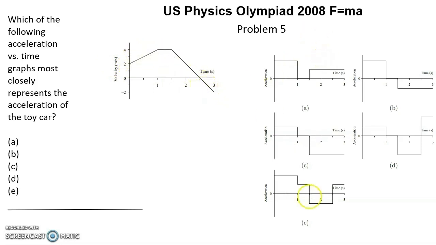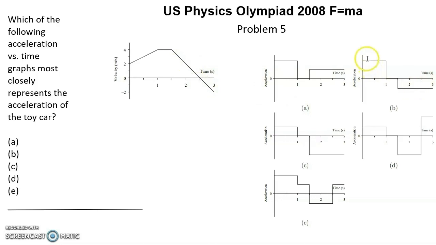Let's check all these 5 graphs. Graph A, we have positive here from 0 to 1, we have 0 from 1 to 1.5, but here we have positive, so it's no good. We're supposed to have a negative, so A is no good.